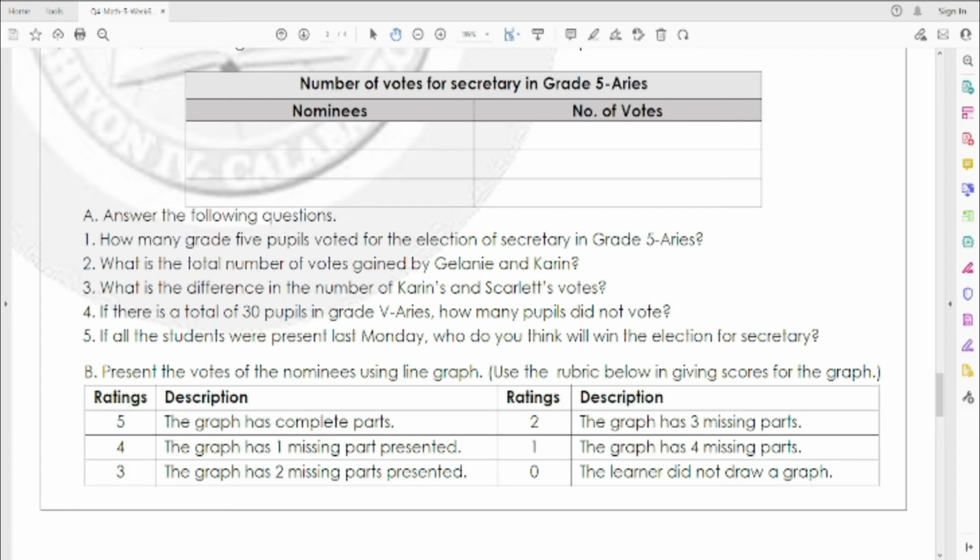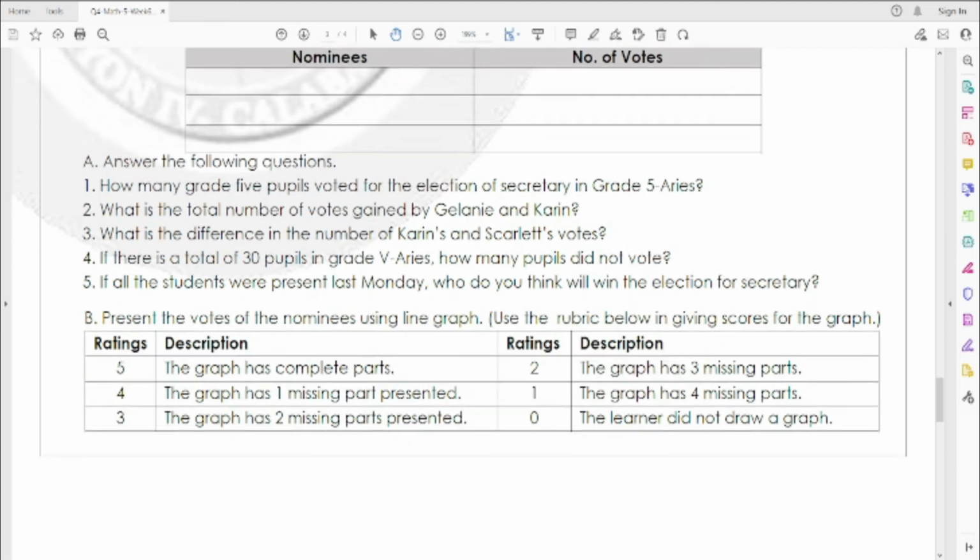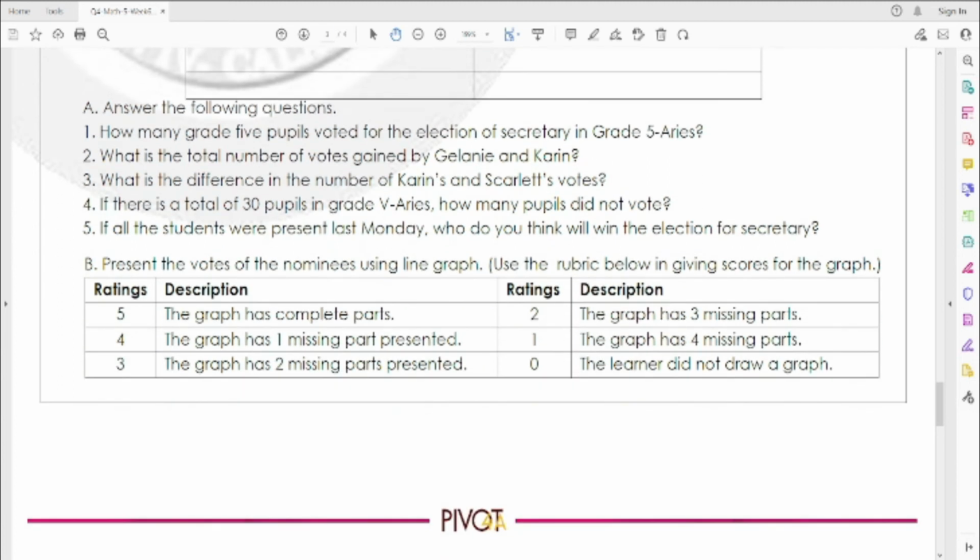4. If there is a total of 30 pupils in grade 5 Aris, how many pupils did not vote? And number 5, if all the students were present last Monday, who do you think will win the election for secretary? Next, present the votes of the nominees using a line graph, using the rubric below in giving scores for the graph.